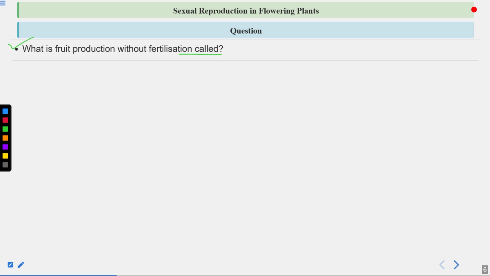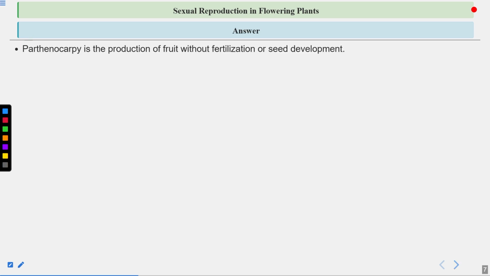Parthenocarpy. Parthenocarpy is the production of fruit without fertilization or seed development. No fertilization is taking place here, still there is formation of fruit. That is called parthenocarpy.